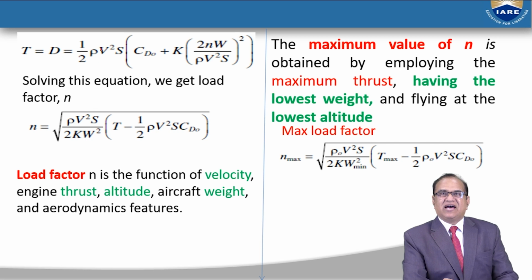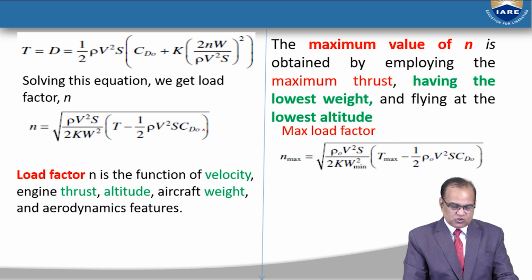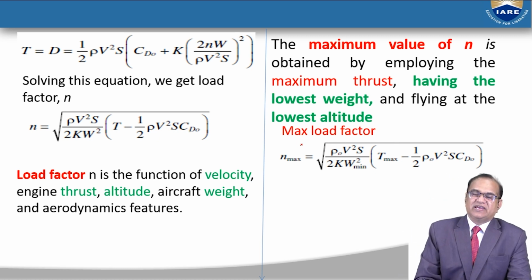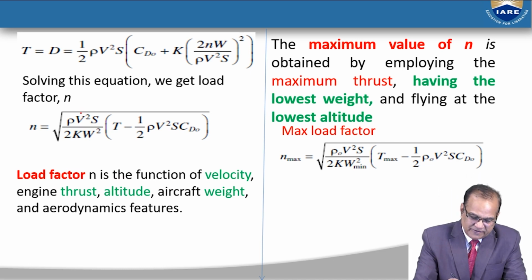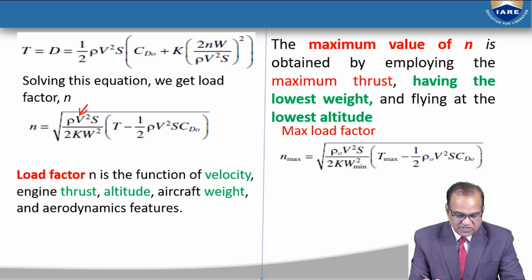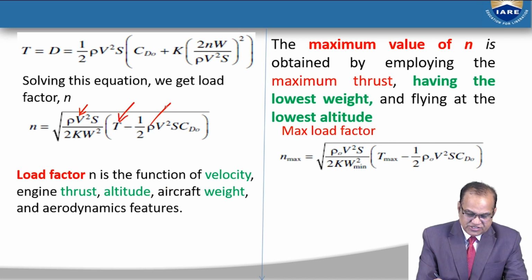Here this term rho V square S by 2K W square, and T minus D term, T minus half rho V square S CD naught. So we got this load factor. This load factor N is a function of the velocity, the thrust, and the density, which appear here.